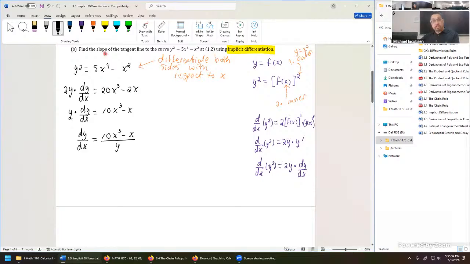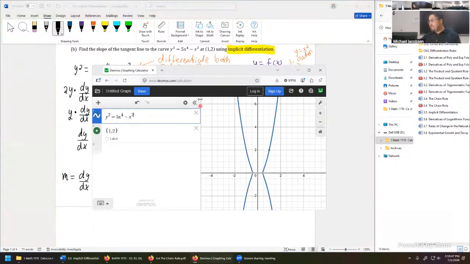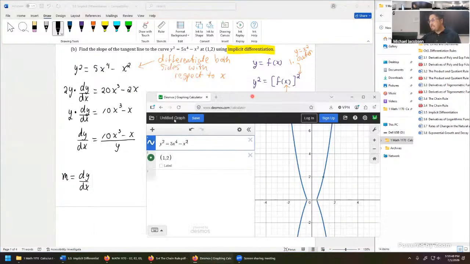Last thing we want is the slope of the tangent line. So the slope is going to be m as a reminder. It means just take the derivative dy dx. That derivative dy dx is really pretty amazing because that's going to give you the slope of the tangent line at any point whatsoever that's on this curve if the derivative exists and the tangent line is not vertical, which would mean undefined slope.